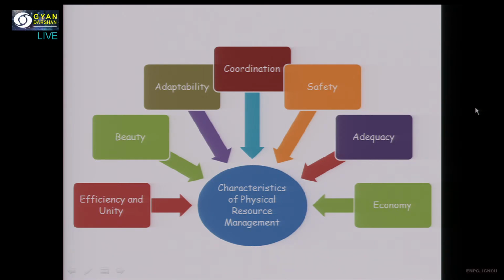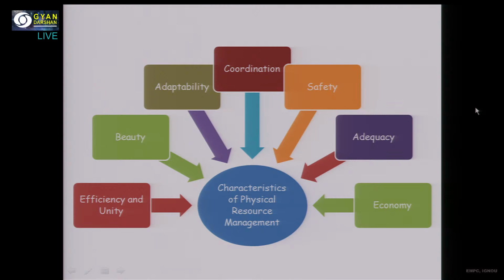Let us see what the term economy denotes. What we mean is that the physical resources available in the school should be economic in nature, that is, the expense should be within the range of the fund that is available in the school.